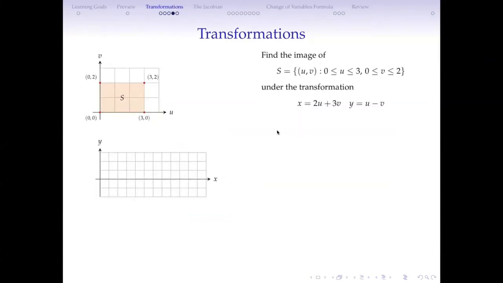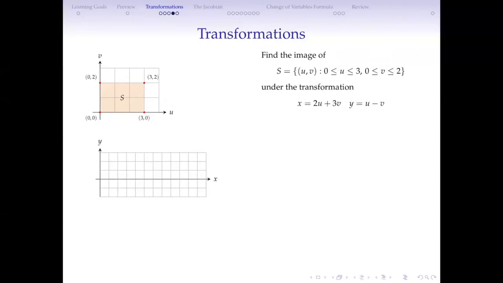So let's take a look at another transformation and see if we can understand its action in the xy plane. You're going to start out again with a rectangle in the UV plane, and we have a formula for the transformation, x in terms of u and v, and y in terms of u and v. We want to work out what region this is mapped to. So the right way to do this is to make a table.